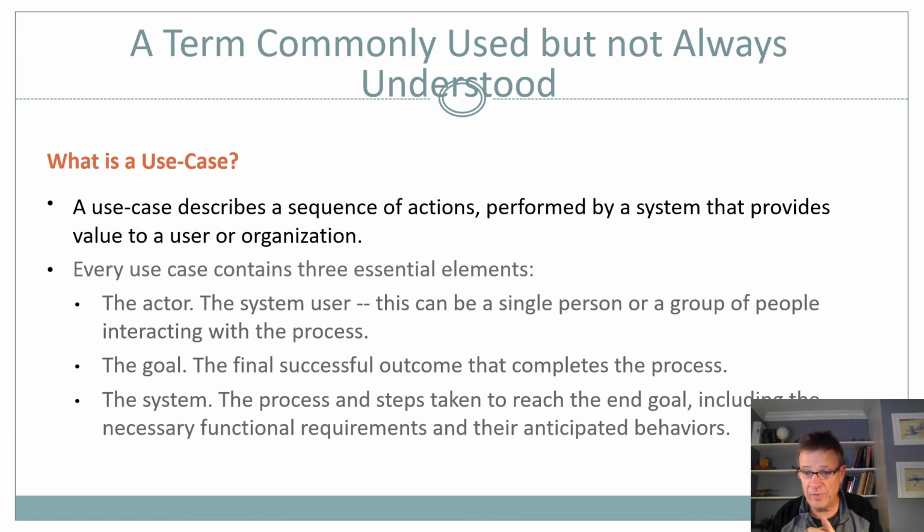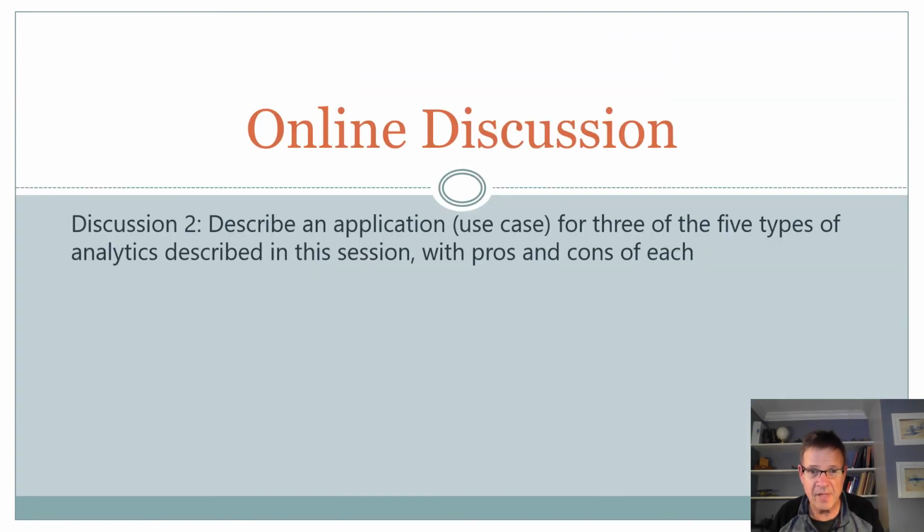I'm working with a couple within my company right now where we're doing some reporting systems, and a key component of that is being able to determine what success looks like. And then finally, you have the system itself. So it's the process and the steps needed to reach that goal, and whatever requirements and behaviors are going to be needed out of that system. That is essentially what a use case is.